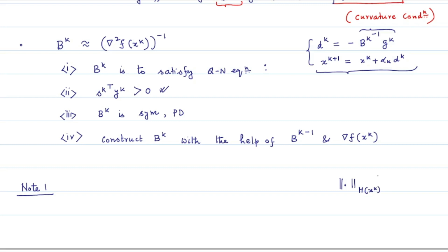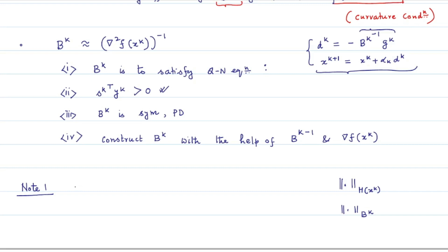Please relook at the lecture note or the lecture video for Newton's method, and there you will find that I have mentioned Newton's method is a steepest descent method under this ellipsoidal norm. Similarly, for the quasi-Newton method, we can also show that with respect to the matrix norm or ellipsoidal norm given by the matrix Bk, the quasi-Newton method is a steepest descent method.